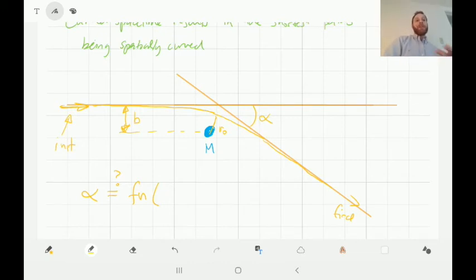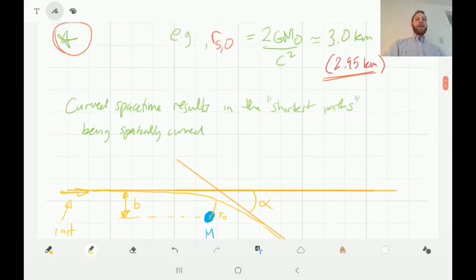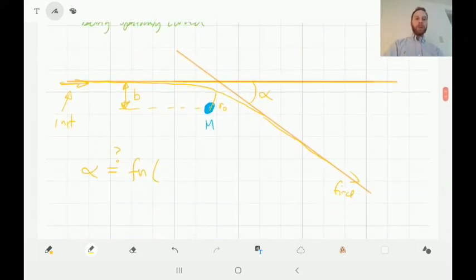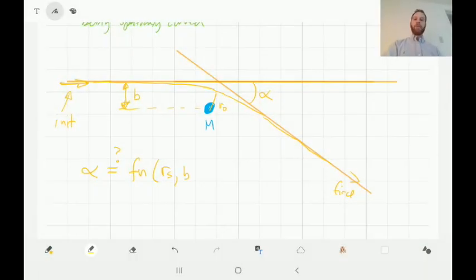And we already know the metric of such an object has only one dimensional parameter in it, and that's Rs. So this should be a function of Rs, and it should be a function of B, the impact parameter. If B is very, very big, you're sending a laser beam way far away as it passes some massive object, it's not going to deflect very much.